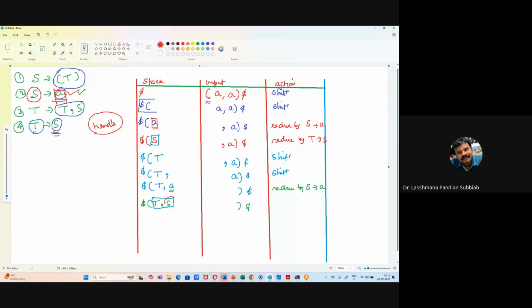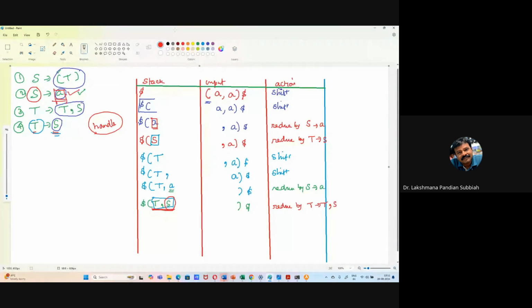Why don't you replace that one by T? But you find out the longest substring is matched with T comma S. So you have to use the production rule number 3. So you have to do that reduce action. Reduce by T derives T comma S.